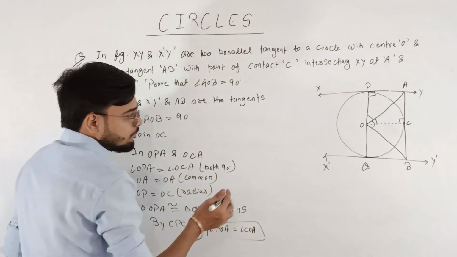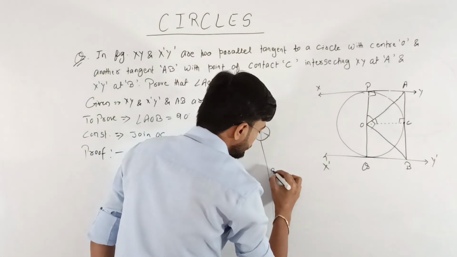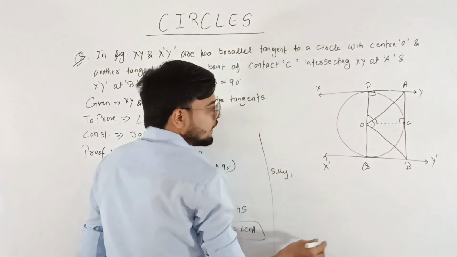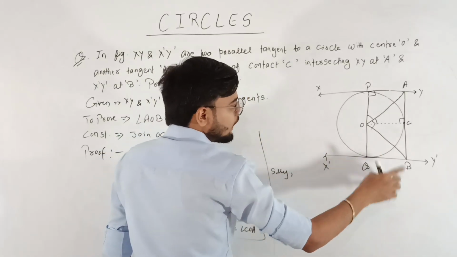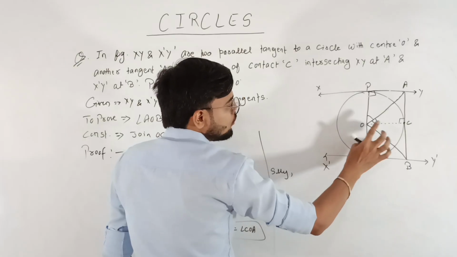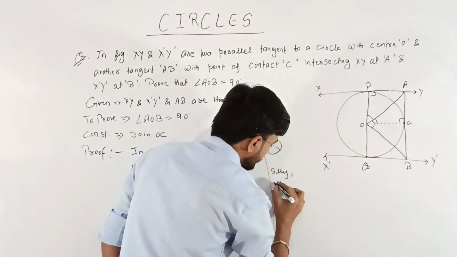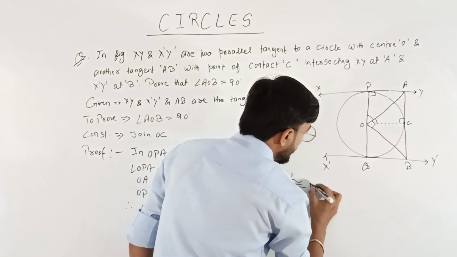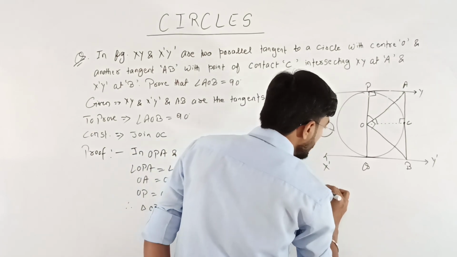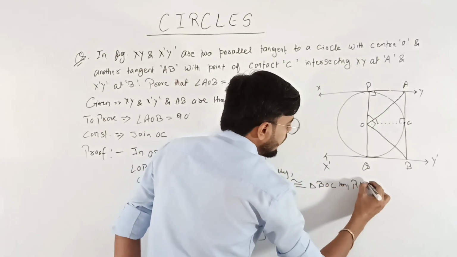Okay. Now similarly these two triangles are also congruent. So I write it here. Similarly, triangle QOB is congruent to triangle BOC by RHS.